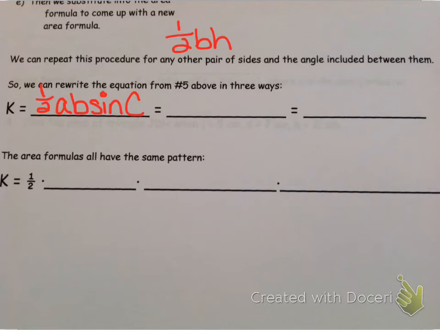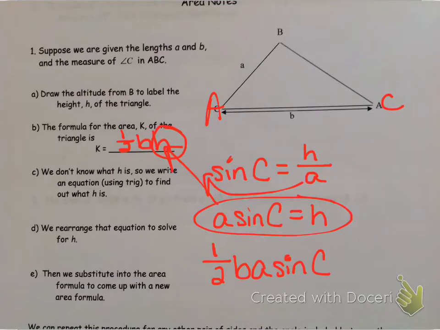Okay? So what you notice is that if I knew side A and side B, then I would need to know what angle C is. And so let's say that I had known side B and side C instead? Well, the angle that's in between, let me erase this.